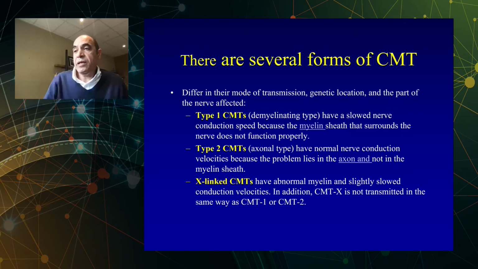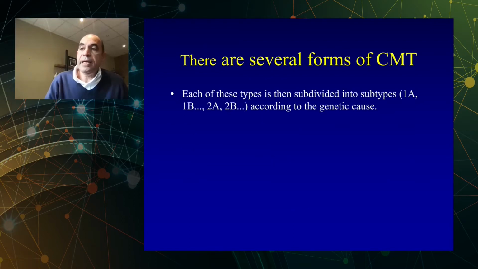X-linked CMT has abnormal myelin and slightly slowed conduction velocity. In addition, the transmission is different from CMT1A and 2. Moreover, each of these types is then subdivided into subtypes, 1A, 1B, 2A, 2B, and so on, according to the genetic causes, the gene affected.